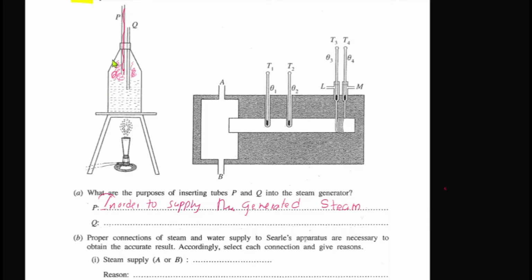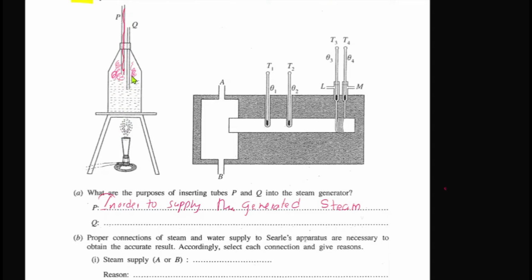What do you think might be the purpose of the tube Q? Assume that there's no tube Q. What happens is when you supply heat to the steam generator continuously, it will continuously produce steam inside the generator.